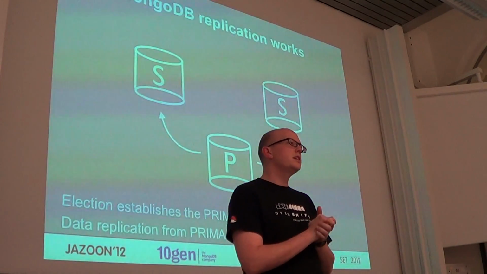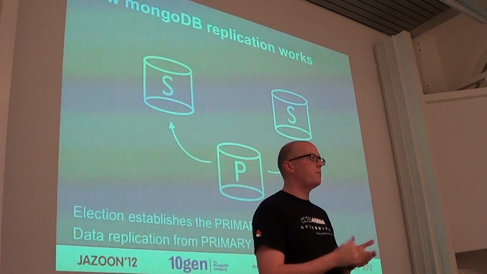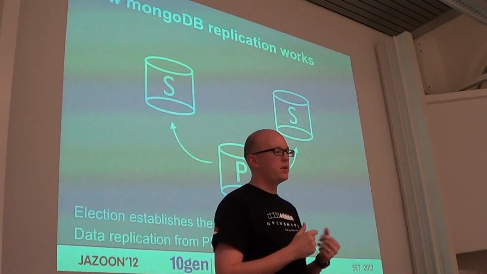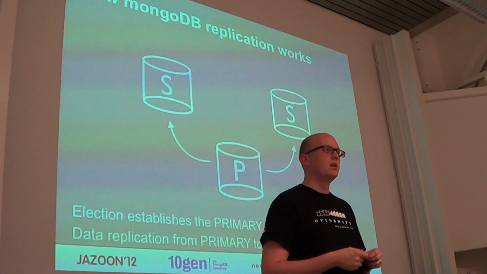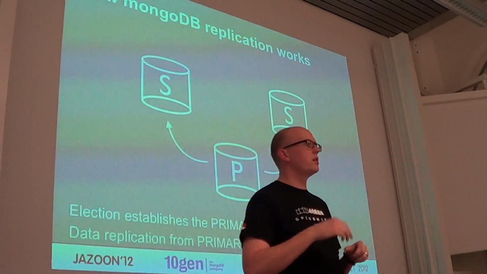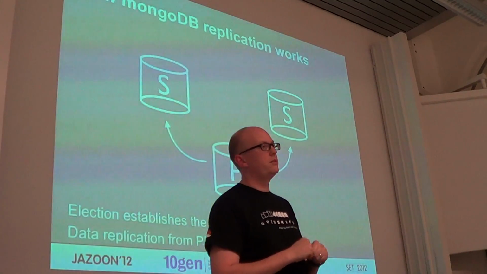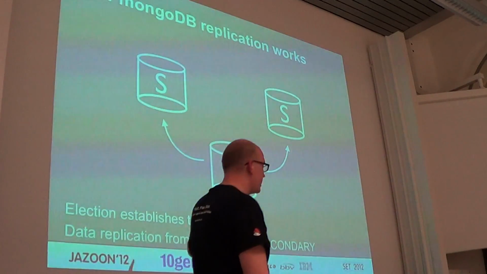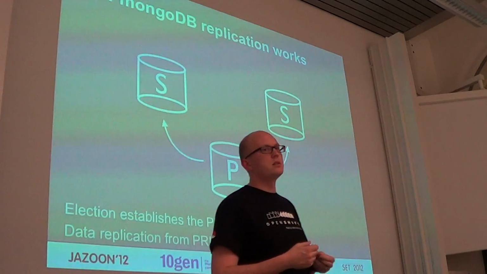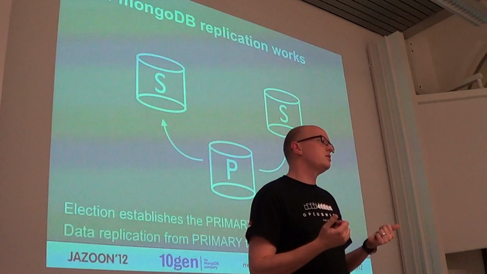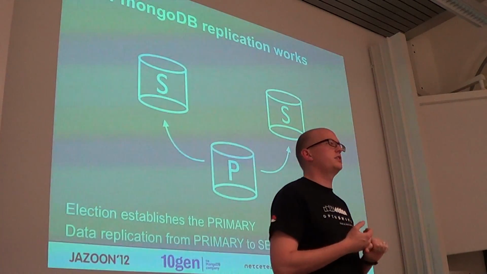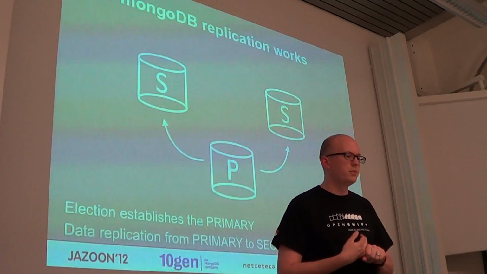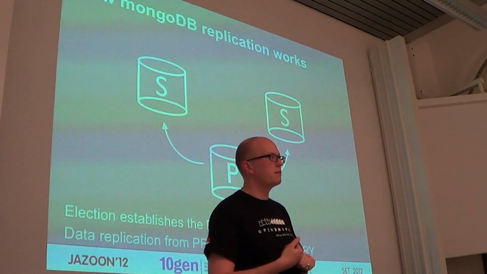As long as over 50% are up and visible, then we can create a primary. So if you have 2 nodes and you lose one node, it's not over 50%, and you'd go into read-only mode. But here we have 3 nodes, and an election will create a primary based on who's got the most up-to-date data, and there are some other things you can do with prioritization. But up-to-date data is the key for all of it anyway.